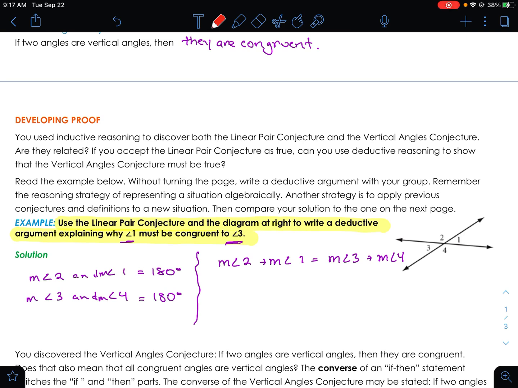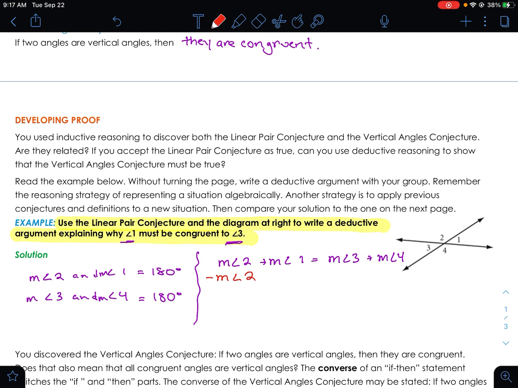So let's backtrack here. We want to get this expression to say that angle 1 equals angle 3. And what I notice here is I would like to subtract the measure of angle 2.